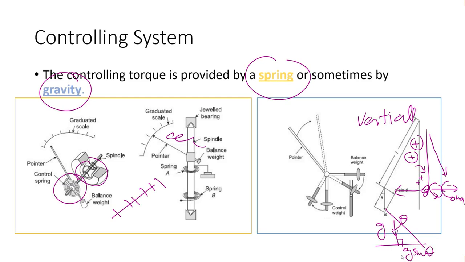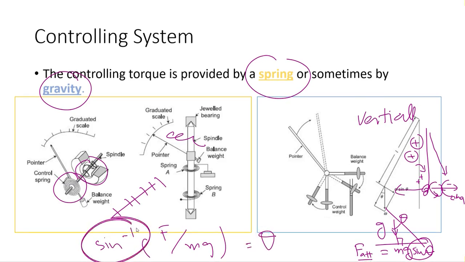So if we multiply it with the mass of this and then compare it with this force of attraction, F_ATT, we say that theta is not solely dependent on this force, but F divided by mg and sine inverse, that is our theta. So now this thing is a bit non-linear. So we can say that we have non-linear scales if we use gravity.